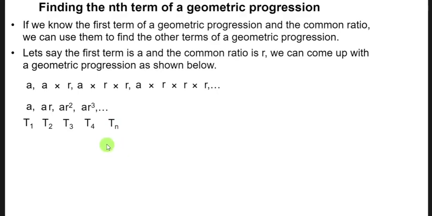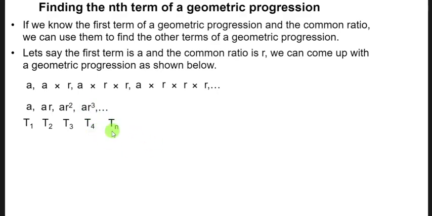So what is the nth term? The nth term is any term of a geometric progression that we can find, that is occupying the position nth. For example, when we say term 4, this term is occupying position number 4.